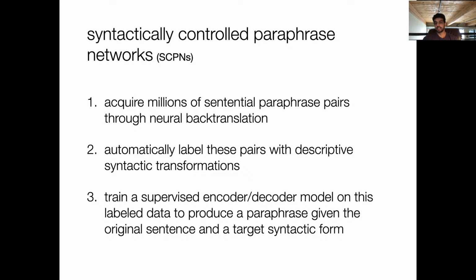I mean, these will be in the same language, of course, but I can still construct such a parallel data set if I have a way of getting a paraphrase in the first place, right? So paraphrases don't just naturally occur in the wild, right? It's very rare to have someone sit down, take a sentence, and write several different versions of it.